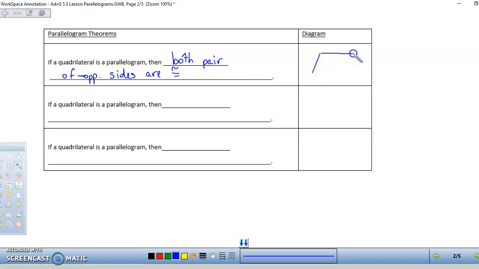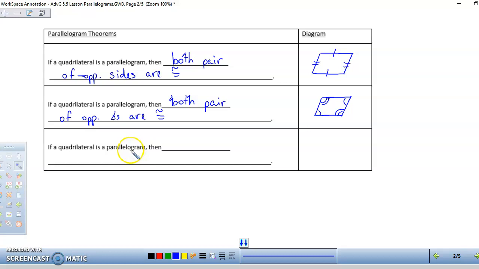So if we know this is a parallelogram, then you can mark opposite sides congruent. If a quadrilateral is a parallelogram, then you can also say both pair of opposite angles are congruent. So again, if I know this is a parallelogram, then I can mark the opposite angles congruent.